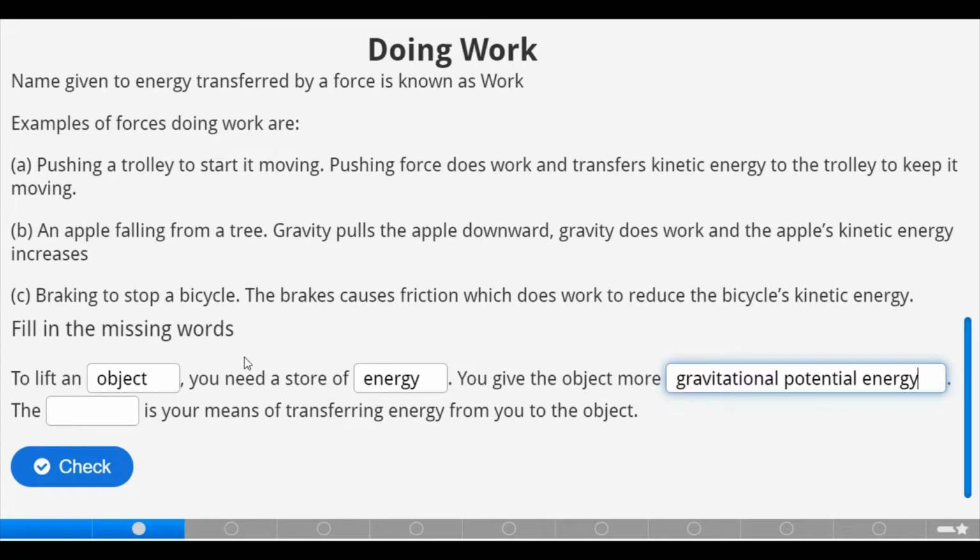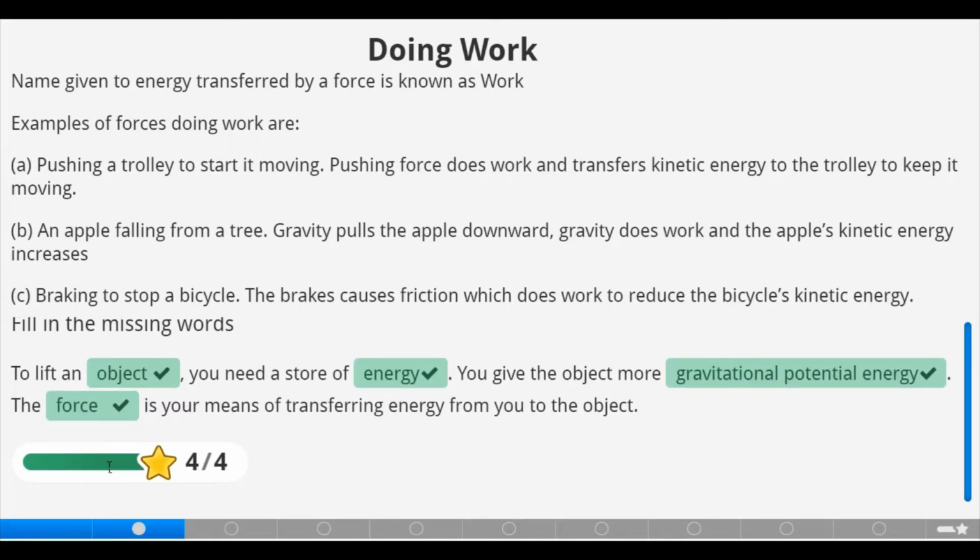The force is your means of transferring energy from you to the object. So let's check. That's correct.